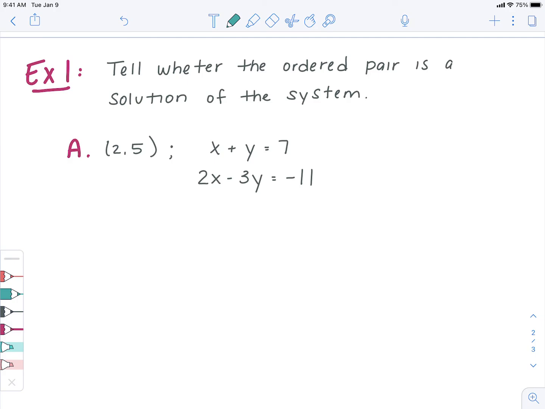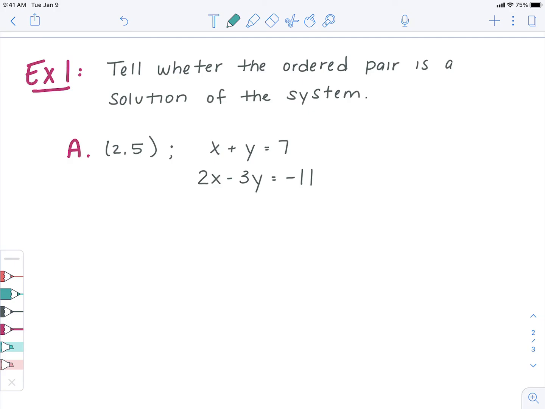So they're telling us they want to know if (2, 5) is a solution to x plus y equals 7, and 2x minus 3y equals negative 11. In order for us to decide if it's a solution, we're going to plug the point (2, 5) into both equations and see if it makes the equation true.